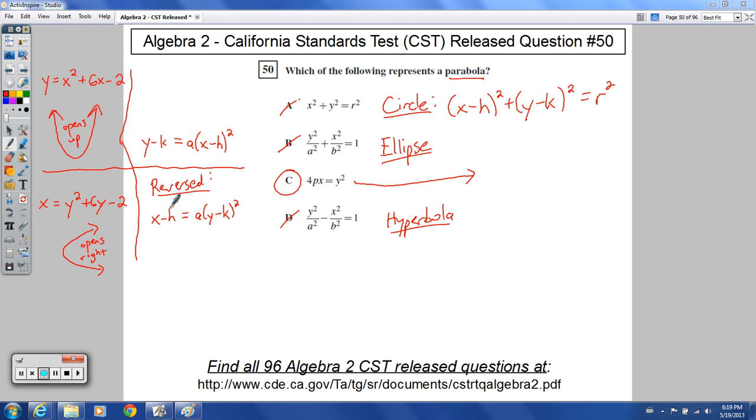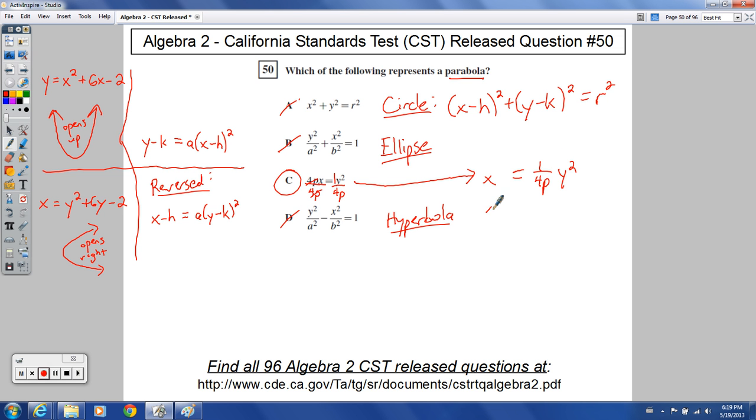And so here, to make it look like this form, we could actually divide both sides by 4p, and then the 4p's would cancel. I could rewrite this as x equals 1 over 4p, so that becomes your a value, times y squared.